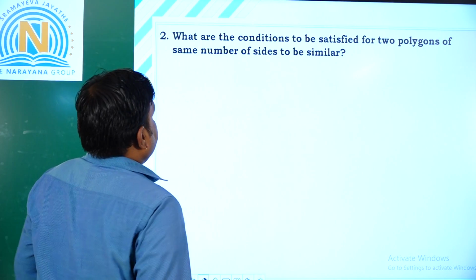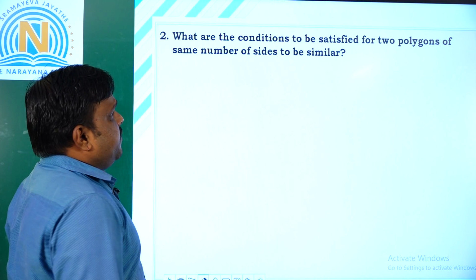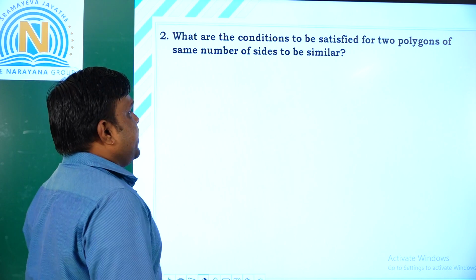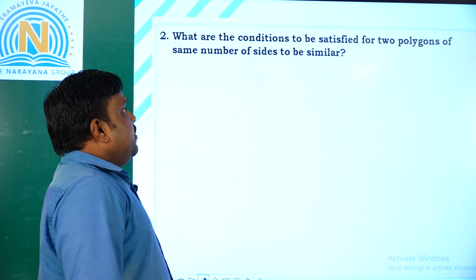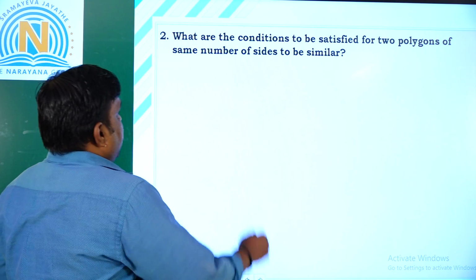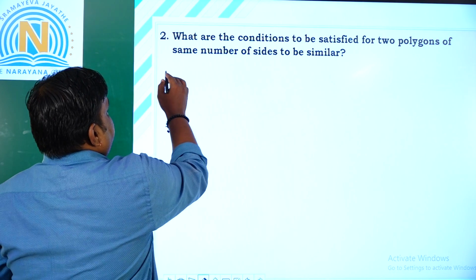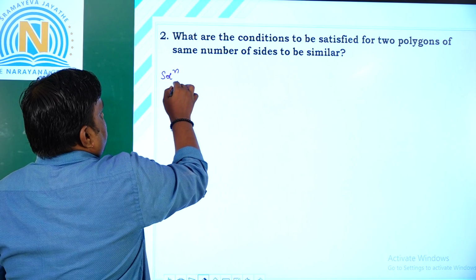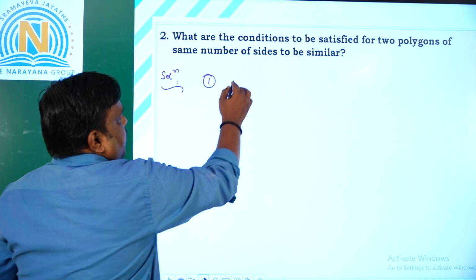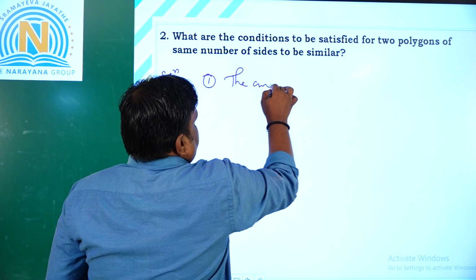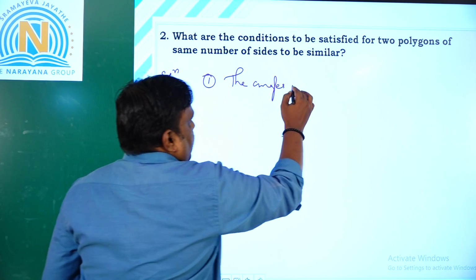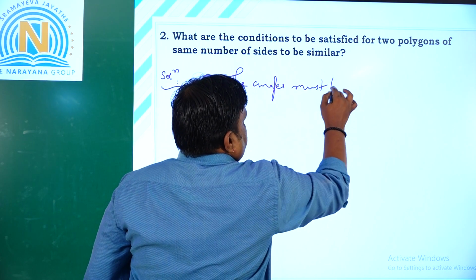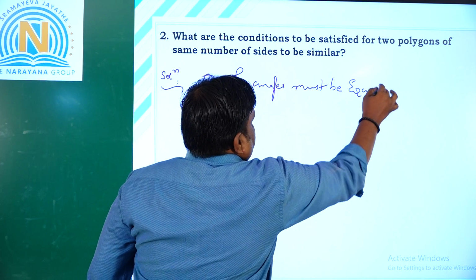Coming to the next question. What are the conditions to be satisfied for two polygons of the same number of sides to be similar? It has to satisfy two conditions. First, the corresponding angles must be equal.